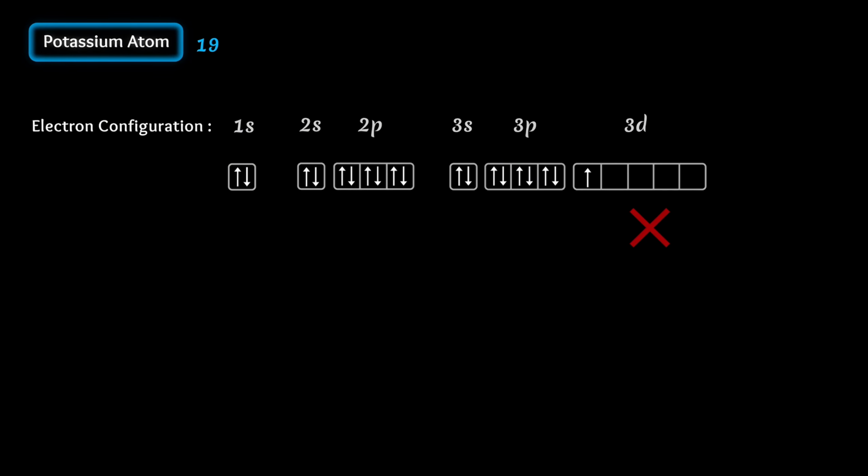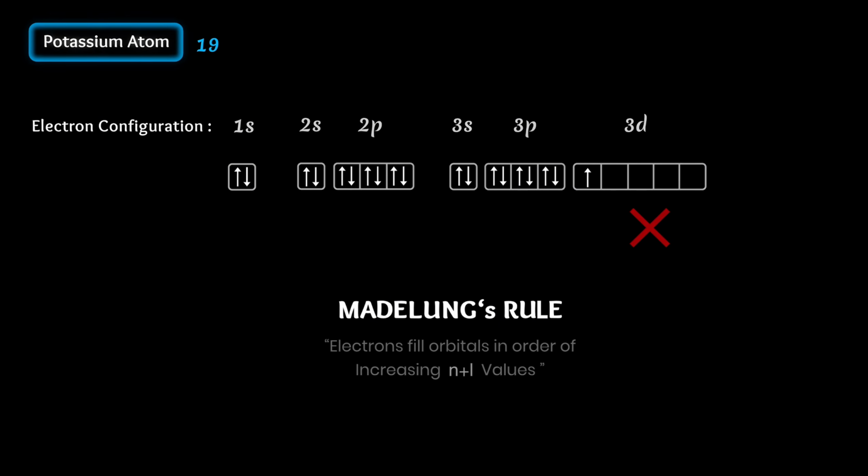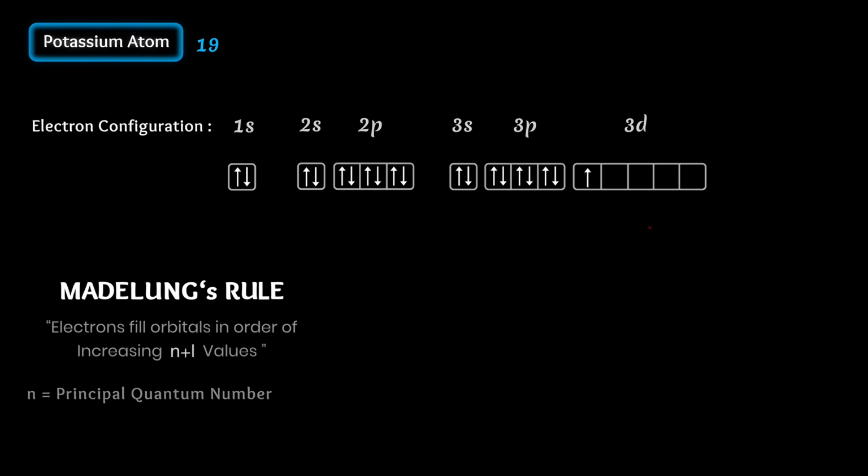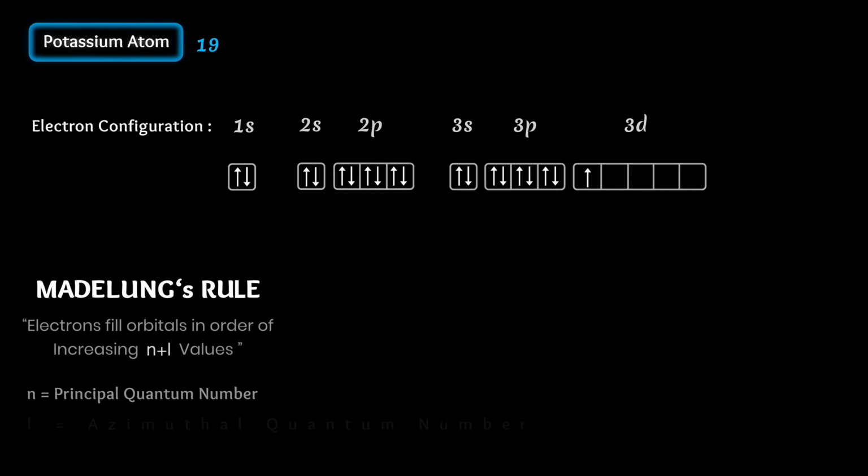Why? To understand this, we must look at Madelung's rule. It states that electrons fill orbitals in order of increasing n plus l values, where n is the principal quantum number and l is the azimuthal quantum number. The l values are as follows: 0 for s, 1 for p, and 2 for d.